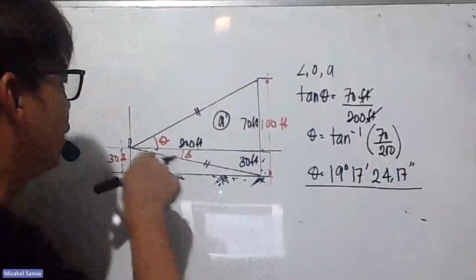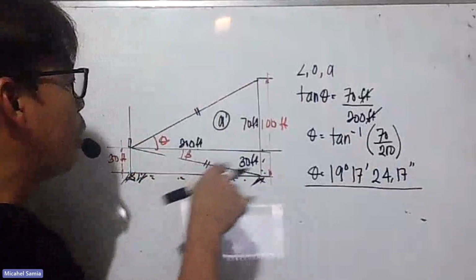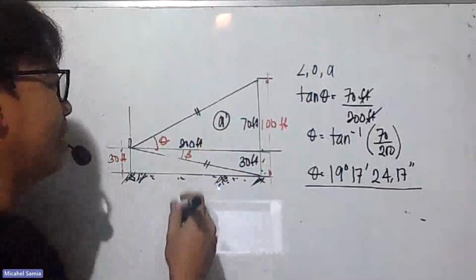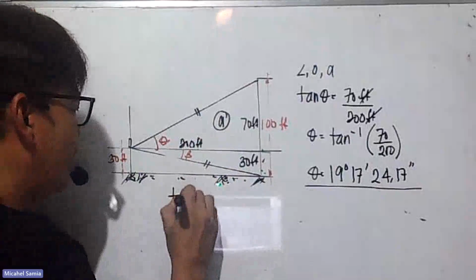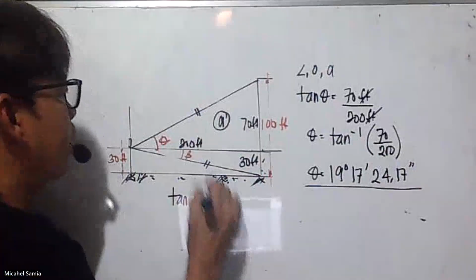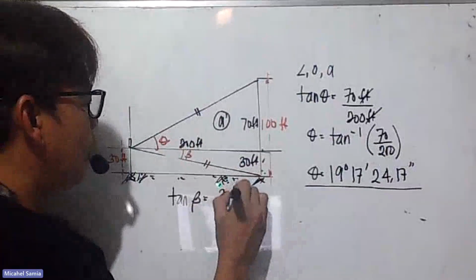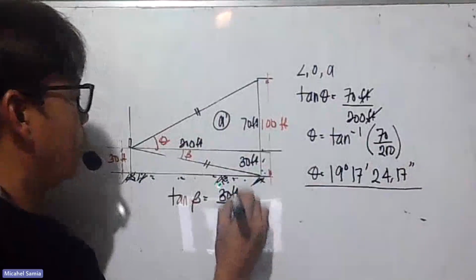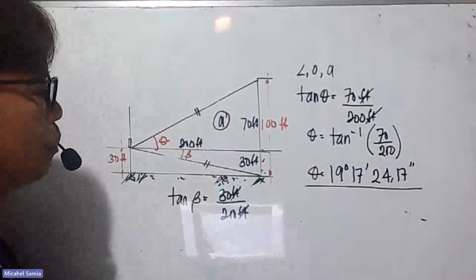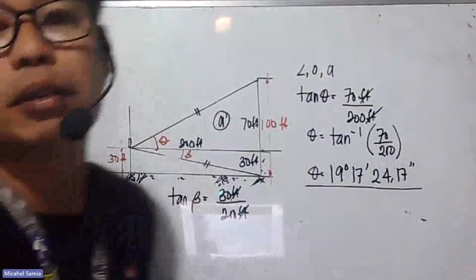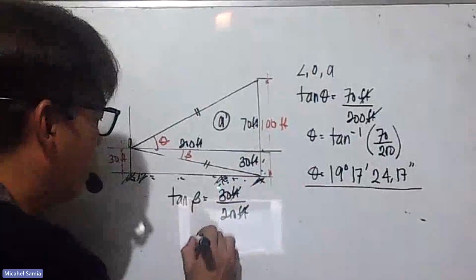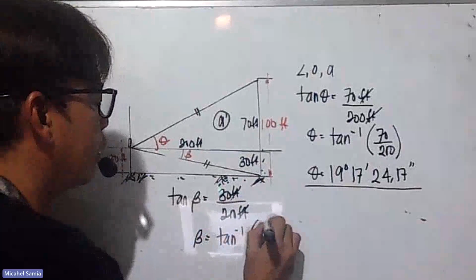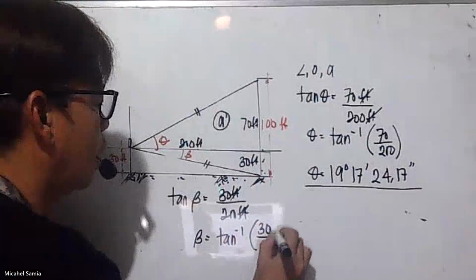Okay? So in this case, for beta, the opposite is 30 and the adjacent is 200. So tangent of beta is equal to the opposite side, 30 feet, divided by the adjacent, 200 feet. Let me cancel the unit of feet. So beta now is equal to tangent raised to negative 1, or arctangent, of 30 divided by 200.